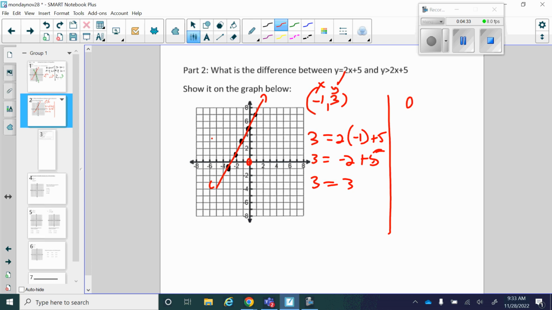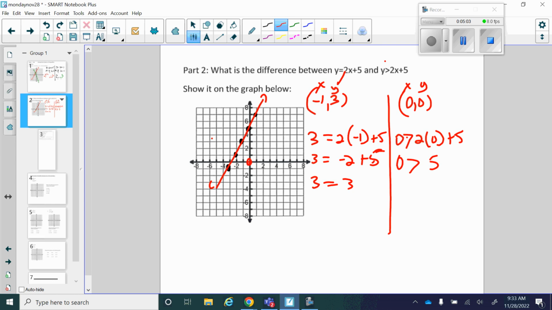So my y is 0, my x is 0. Is 0 greater than 2 times 0 plus 5? 2 times 0 is 0 plus 5 is 5. Is that a true statement? No, that is not a true statement. So this point is not in the solution area.